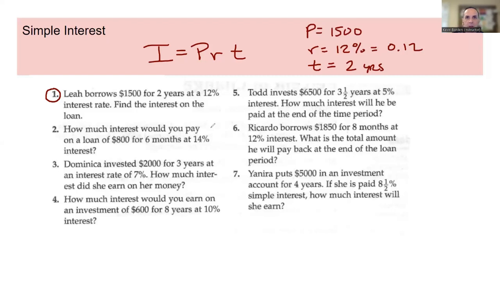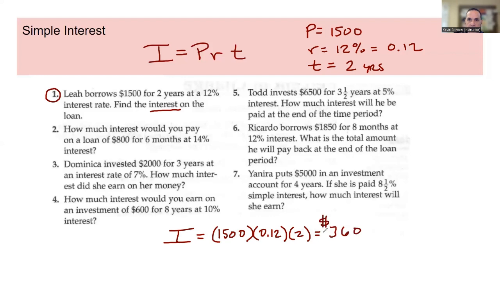Seems like we have everything we need, and we note that we are only finding the interest. So that makes this a little bit easier. We don't have to take that second step where we add it back to the principal. 1,500 times 0.12 times 2 years. And I get $360. And we are done because we just needed to calculate the interest.